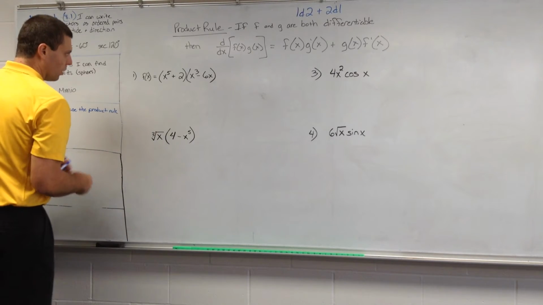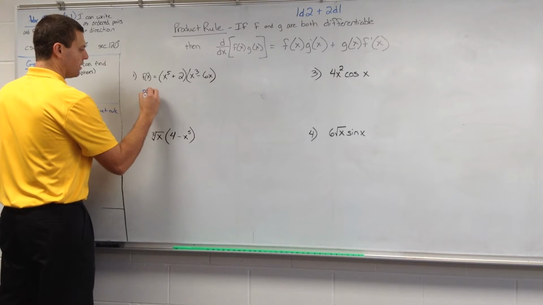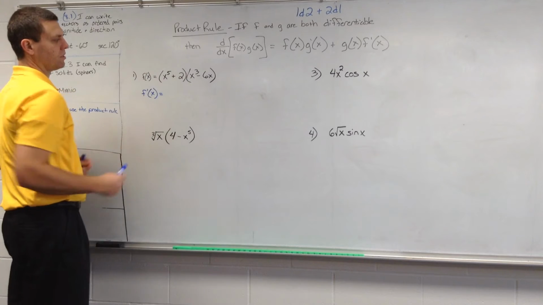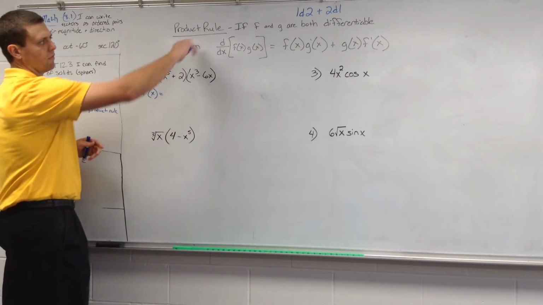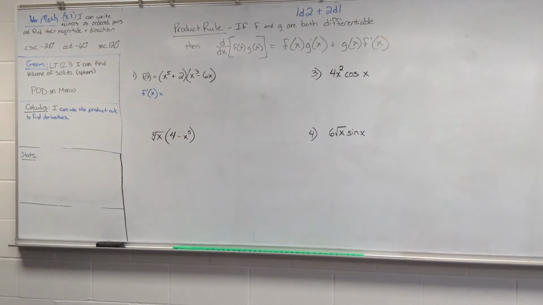Okay? So for this one, if we're going to do the derivative, the first set of parentheses I would call our first function, or f of x, if you're following the rule. And the second set of parentheses I would call the second function.